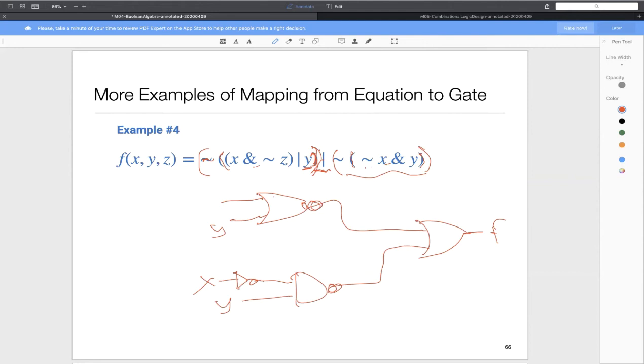Okay, so the other input to my NOR gate is this X and not Z, right? So it is this guy with an X. You can connect it together out here, and Z, right? So the circuit is going to look something like this.